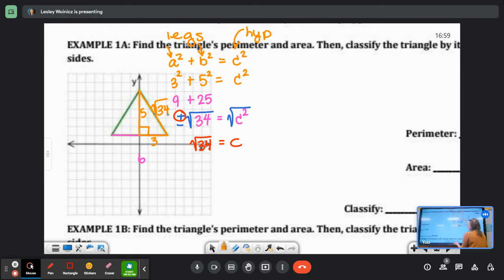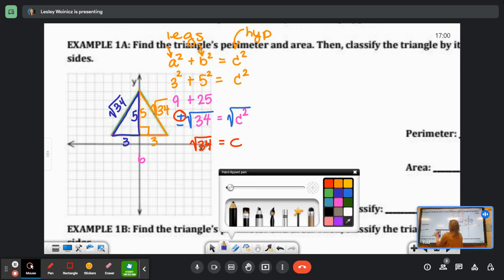Now if I look at the other side of my big triangle, I can do the same thing. Here is a leg of 3 and another leg of 5, but if I did 3 and 5 again, that would be the same math, and I would get the square root of 34 again. So if we've already done that math, we don't have to do it again.